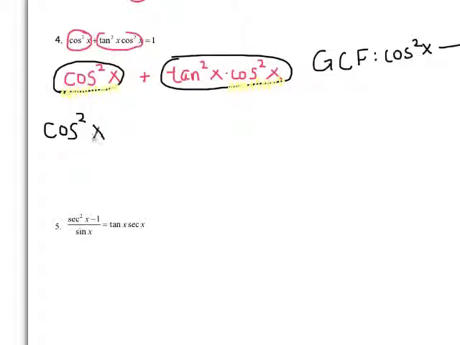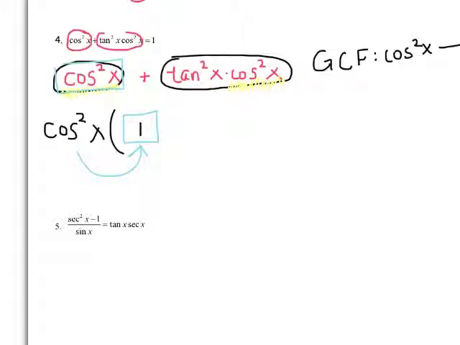What you have to do is imagine multiplying it back in. Cosine squared times what here gets you cosine squared? Well, it's already there, but you still have to multiply something. You have to imagine distribution. What would you multiply it times to still get cosine squared? 1. 1 is what you multiply it by to get itself.